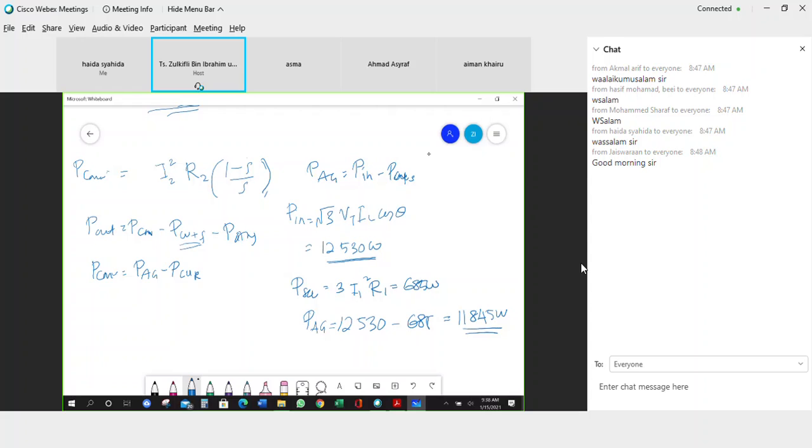Soalan dia sudah kita dapatkan P converted. So the converted power P, kita boleh menggunakan the equation which includes the slip, so which is equals to 1 minus S of the PAG. So 1 minus tadi apa? 2.2 kan? 2.2, so 0.02 by 11845 watt.